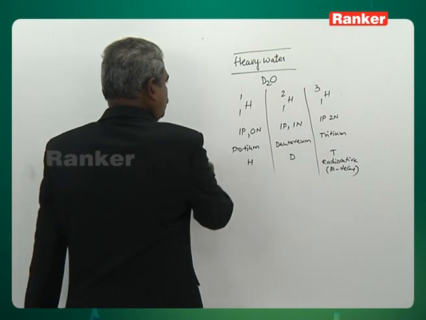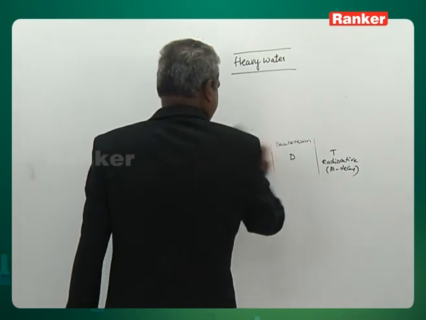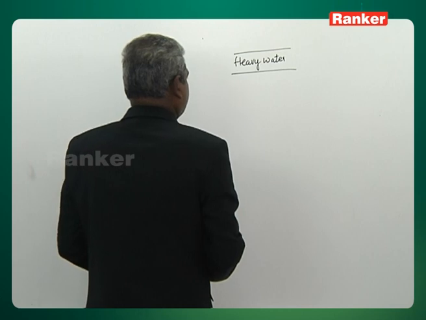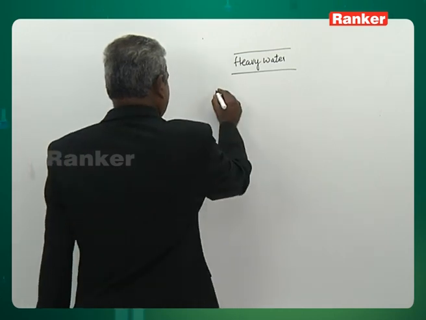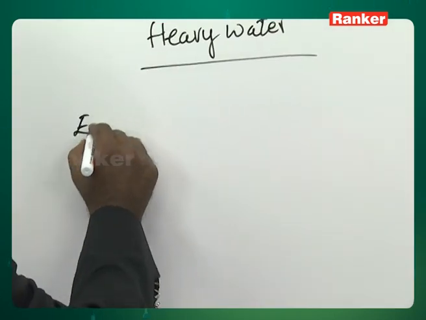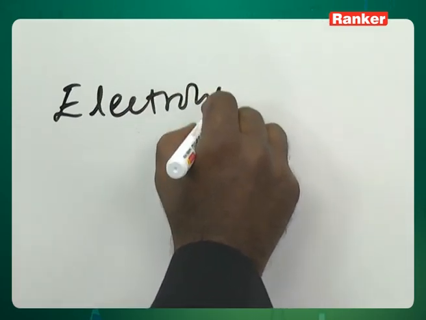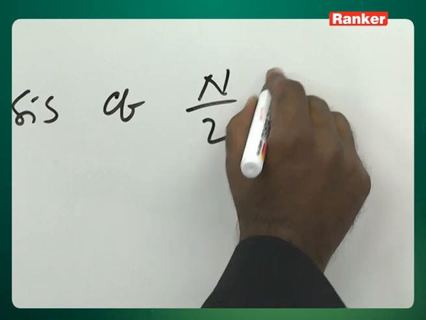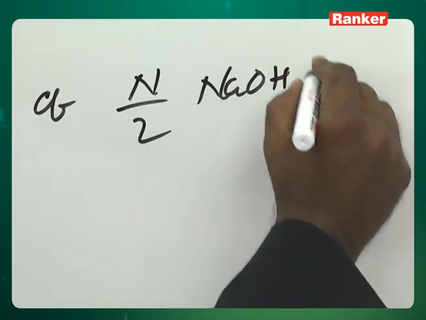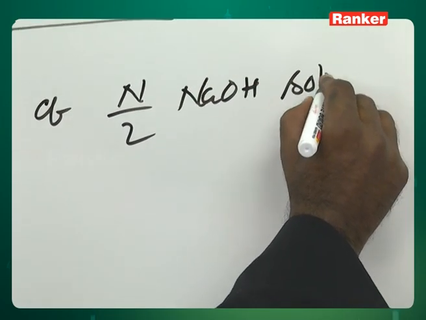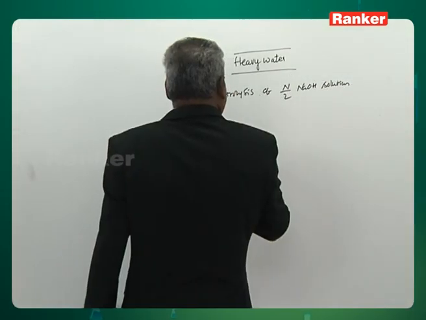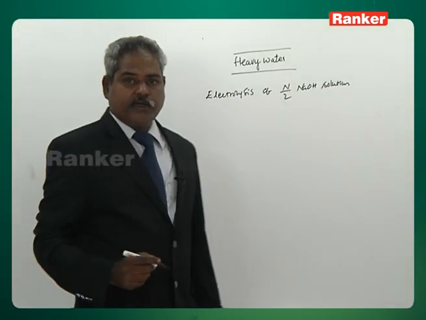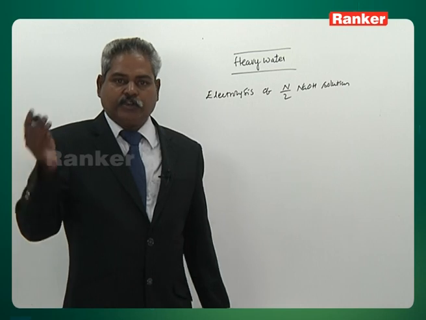Now, heavy water D2O. It is manufactured by electrolysis of N by 2 NaOH solution. Look here, where is D2O present? You don't have separate water bodies for D2O.